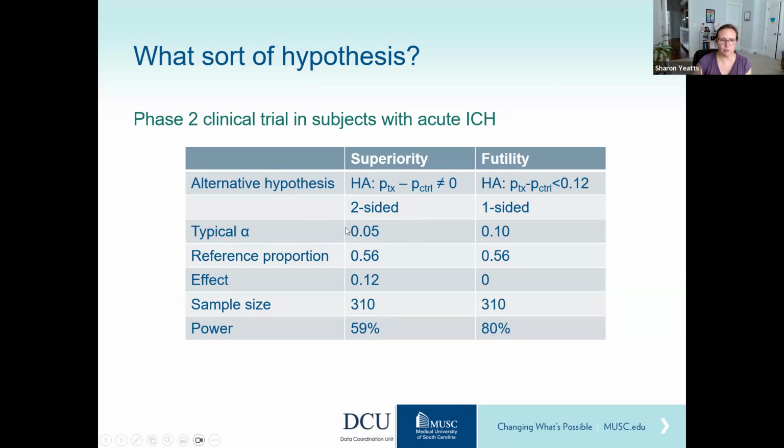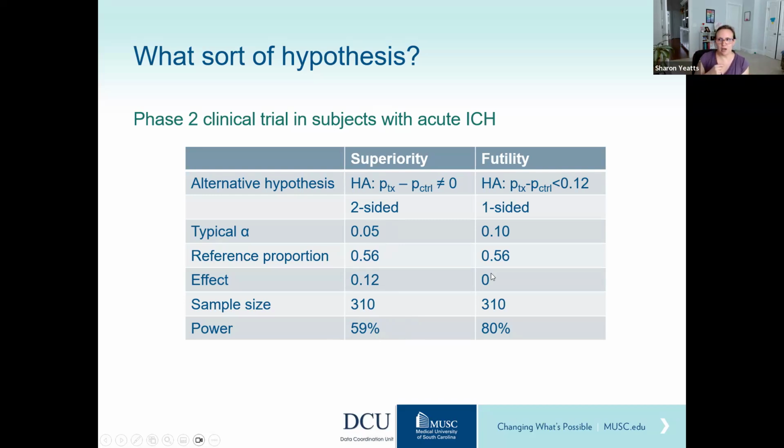The typical alpha we would say is 0.05. And for a given reference proportion and a given effect size, the power associated with this phase 2 trial of 310 subjects, which is not a small phase 2 trial, right, is only 59%. If you submitted this for peer review, they would likely say this is an underpowered phase 3 study, right? Yes, at the end of the day, you want a signal of efficacy, but there is no point in doing this hypothesis test if you only have 60% power.